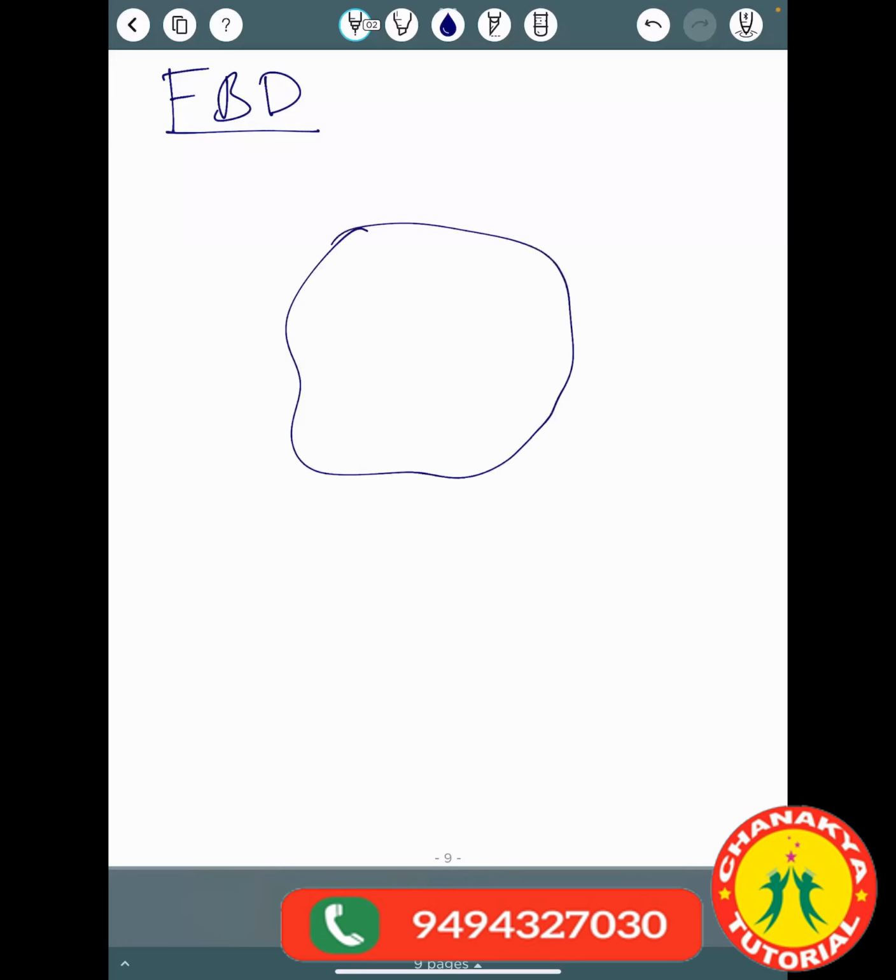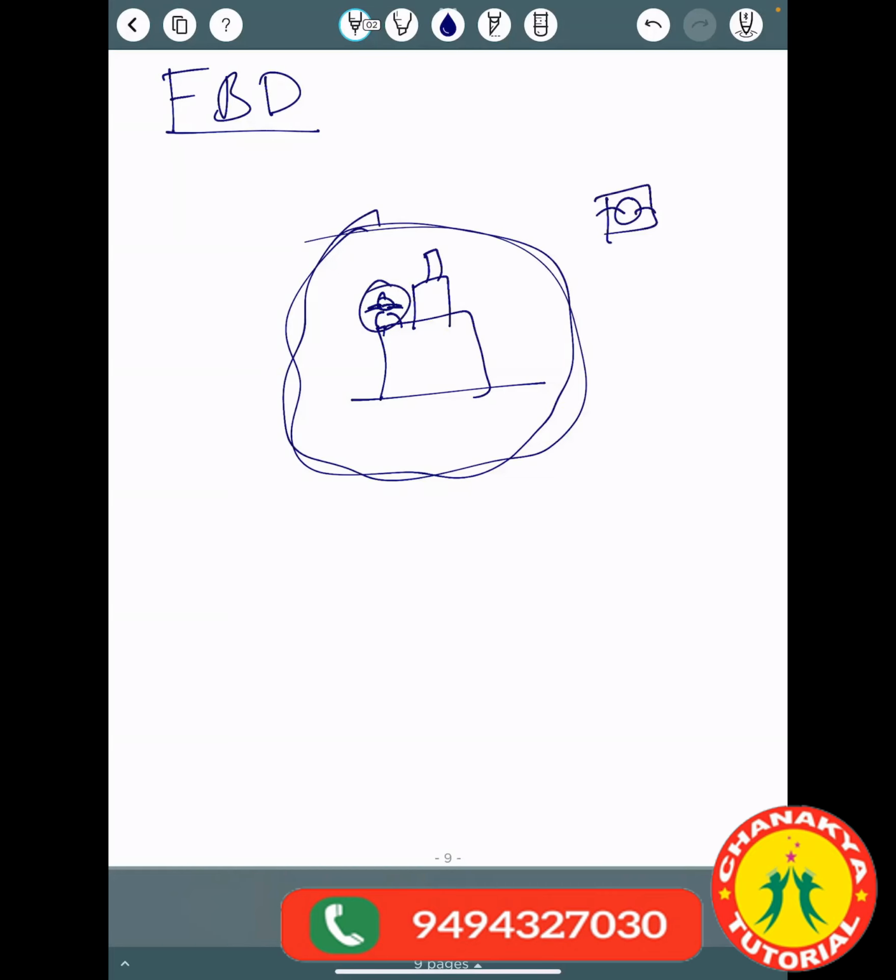So free body diagram means, let's say you have a system. System means anything. Let's say there is a table on which a block is kept, on that block one more block is kept, or there is a cat sitting on the table. Now I want to know how much force this table is applying on this cat. This whole thing becomes my system. Free body diagram takes the thing I'm interested in, for example this cat. I will bring it out and consider it as a point mass, and then I will see what all forces are acting on this cat.